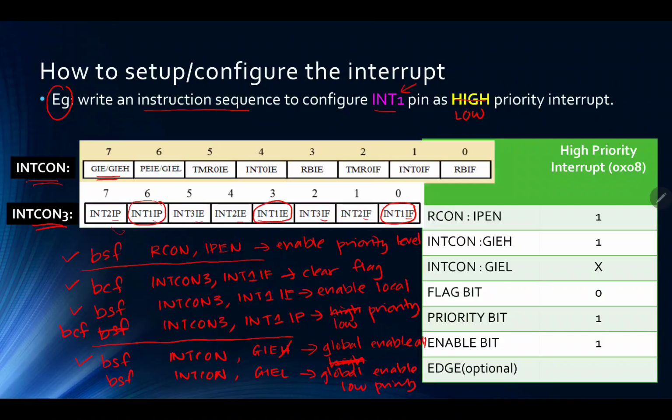So what we have seen earlier is that whenever you have a high priority interrupt, you will have two levels of enabling: the local enable and the global enable. But whenever you have a low priority interrupt, you'll have three levels: the local enable, global enable all GIE, and global enable low priority. Three levels of enable. So high has two levels of enable, low has three levels of enable.